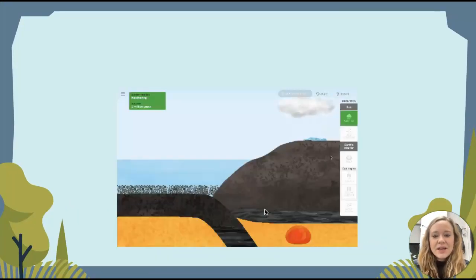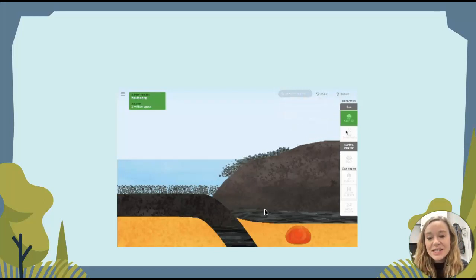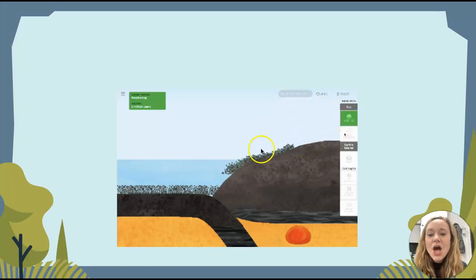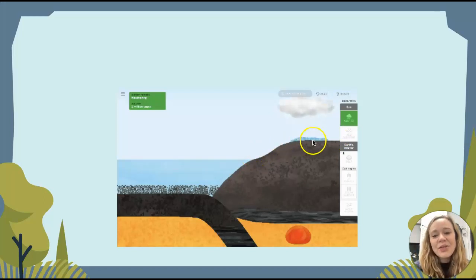When we used the rock transformation simulation, we were able to create sediment by using energy from the sun. Up here, it said, where did the energy come from? The energy came from the sun, and we used that by weathering. Rain came down and broke this huge rock into smaller pieces of sediment, which then eroded, and through erosion they moved down into the river or ocean, whatever body of water this is.